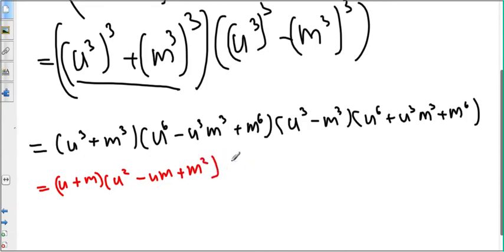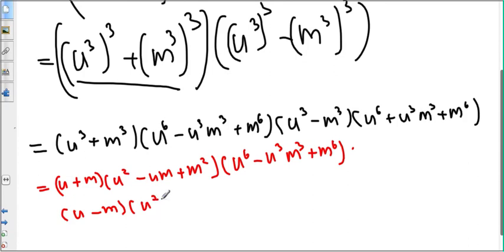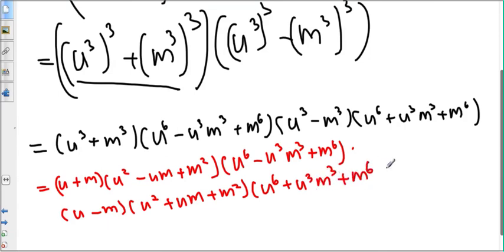And then this term becomes u to the 6th power minus u to the 3rd power times m to the 3rd power plus m to the 6th. And continuing, this one becomes u minus m times u squared plus um plus m squared times this one, which is u to the 6th plus u to the 3rd m to the 3rd, plus m to the 6th power. And that becomes our answer.